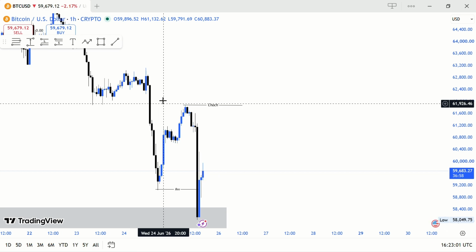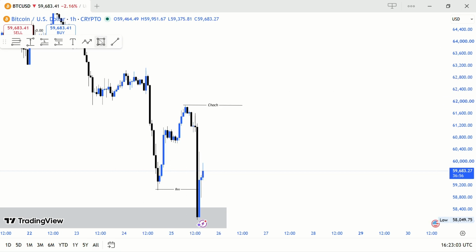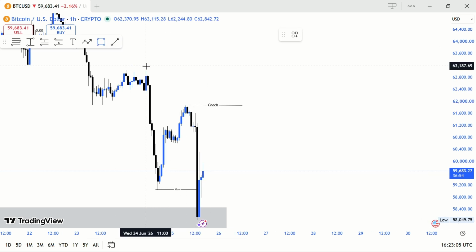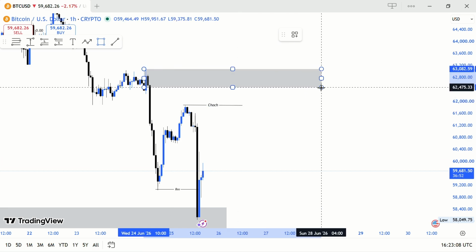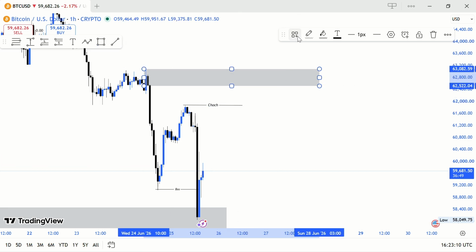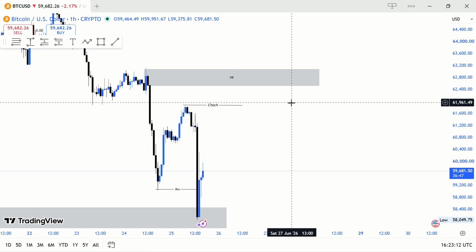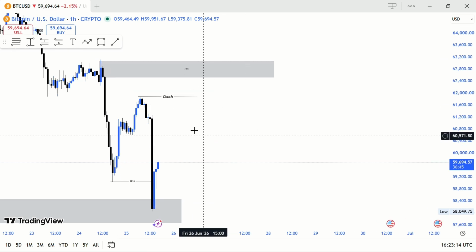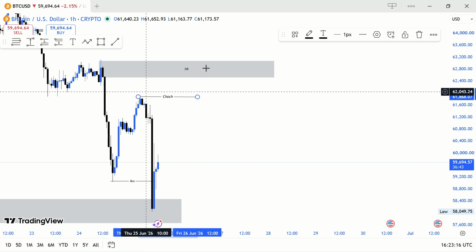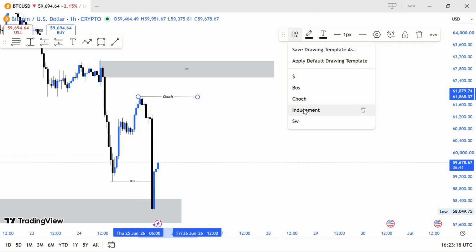Okay, it's a change of character. And sometimes the market can also break here and just come to this side and retest from this side, giving it a sell, making here to be an inducement.